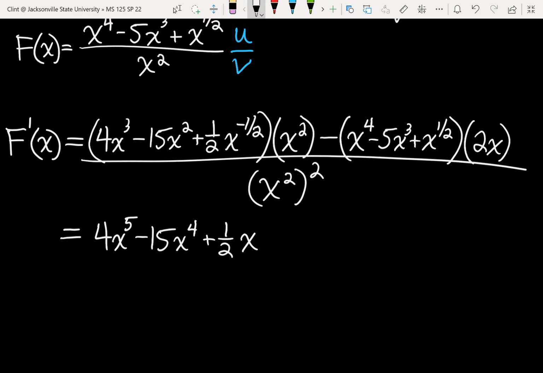So what do we get there? 2 times negative 1/2 is... We do distributive property on the other one. We've got 2x to the 5th, 10x to the 4th, plus 2. We've got x to the 1 plus 1/2.